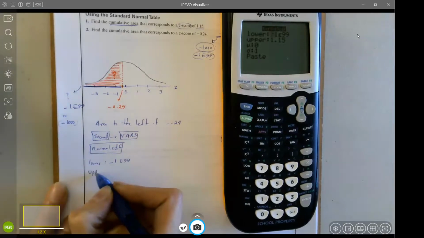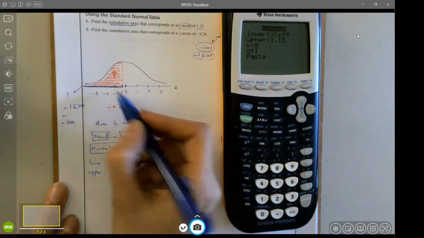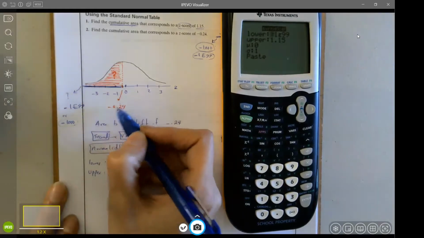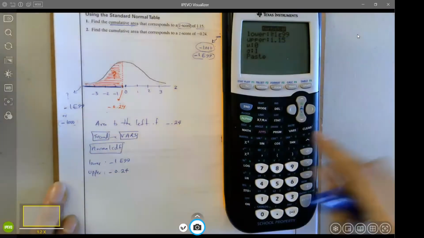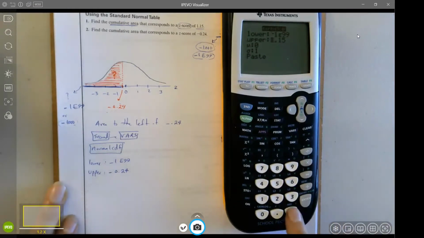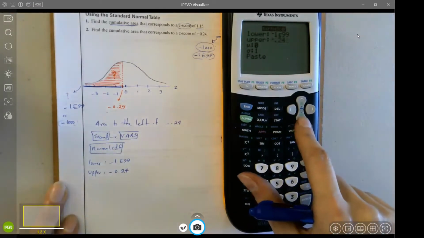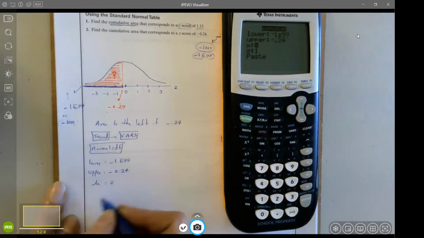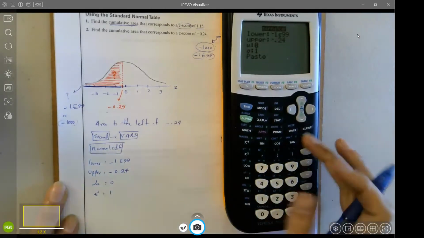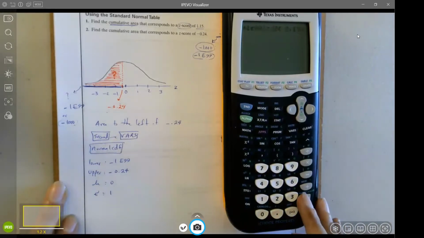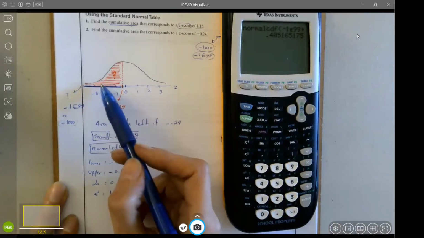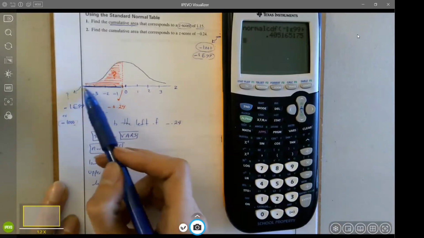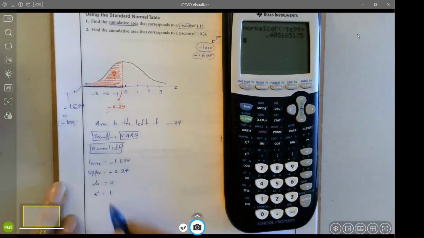And the upper bound, where does it stop? It stops on the horizontal axis at negative 0.24. Just don't forget to plug that in. The mean is 0 and standard deviation is 1. Paste. And here we have this area, this red region below the graph between these two z values.